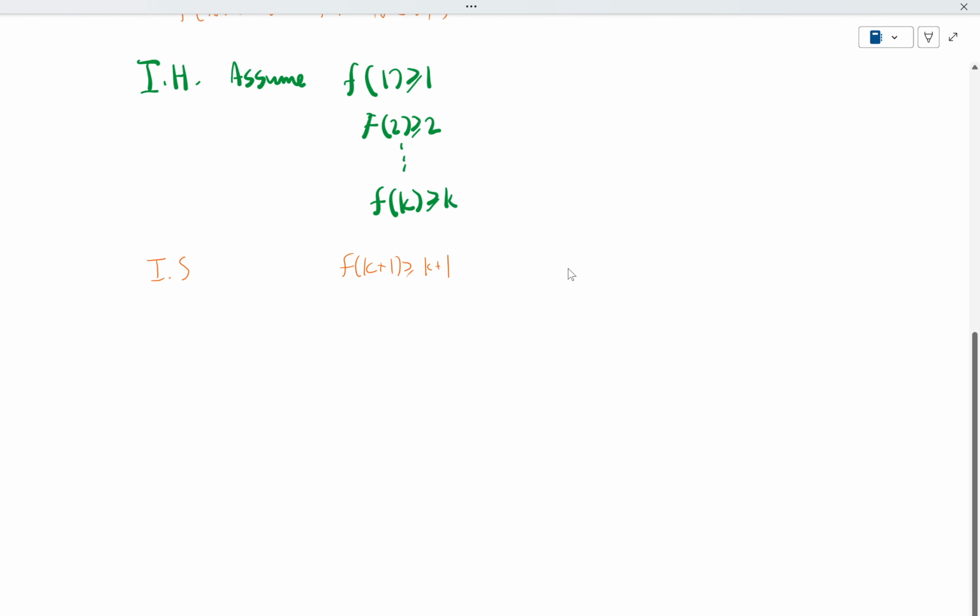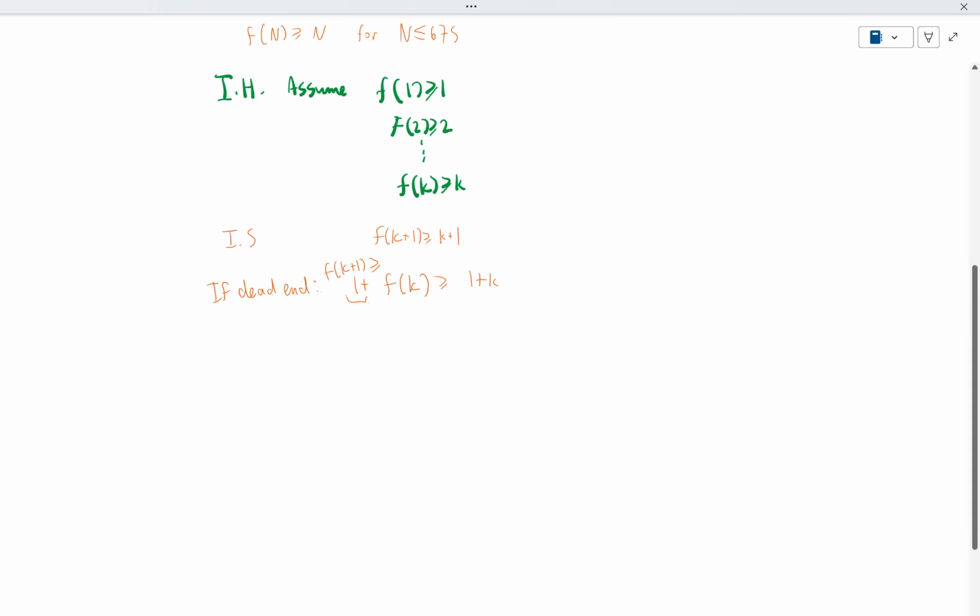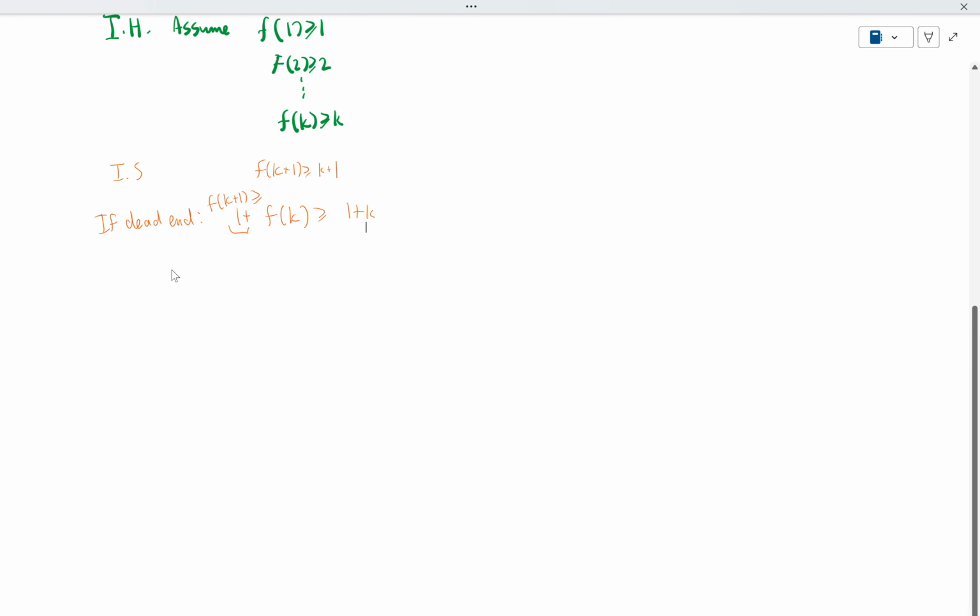So if there is at least one dead end, then Veronica can remove one person to get 1 point. And by removing one person, she'll have k removals left. So that's f(k), and she gets one more point. So f(k+1) is at least 1 plus k due to the induction hypothesis. So the induction step is complete if there's a dead end.